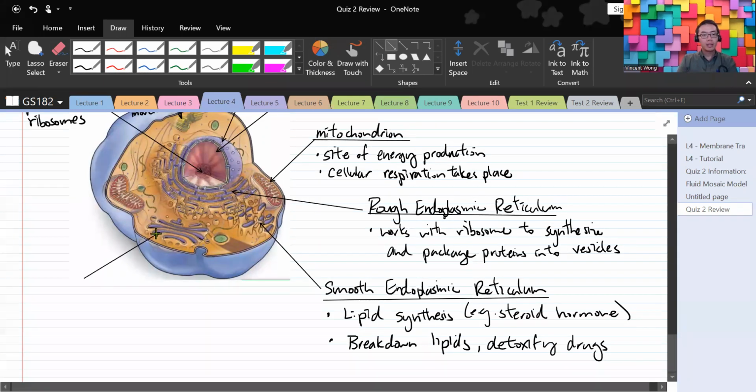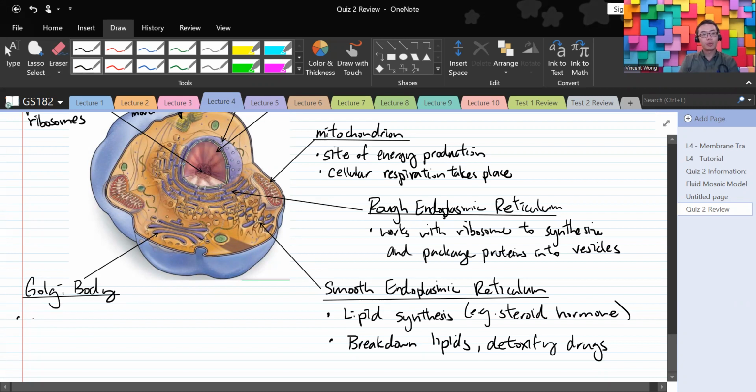We have another thing right here that is a Golgi body, or Golgi apparatus. Just stick with body. It's probably easier to write. So these are stacks of membranes close to each other, and they will receive the vesicles that bud off from the rough ER.